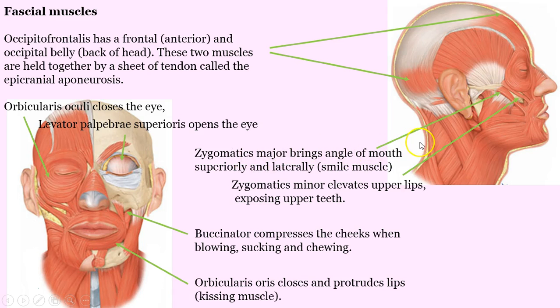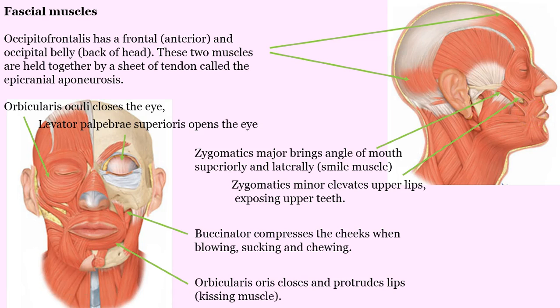Zygomaticus brings the angle of the mouth superiorly, so that means upwards, and laterally, so that's our smile muscle right there. Look at that zygomaticus major. It's larger than the minor, and see where it's attached? So when that contracts and shortens, you can just see that corner of the mouth come up in a smile.